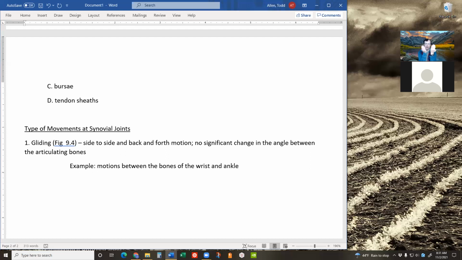When you do that, you can visualize the carpal bones in your wrist gliding back and forth against each other, kind of like this motion right here. That would be an example of gliding motion that we could illustrate straightforwardly for you. That is one type of movement at a synovial joint.